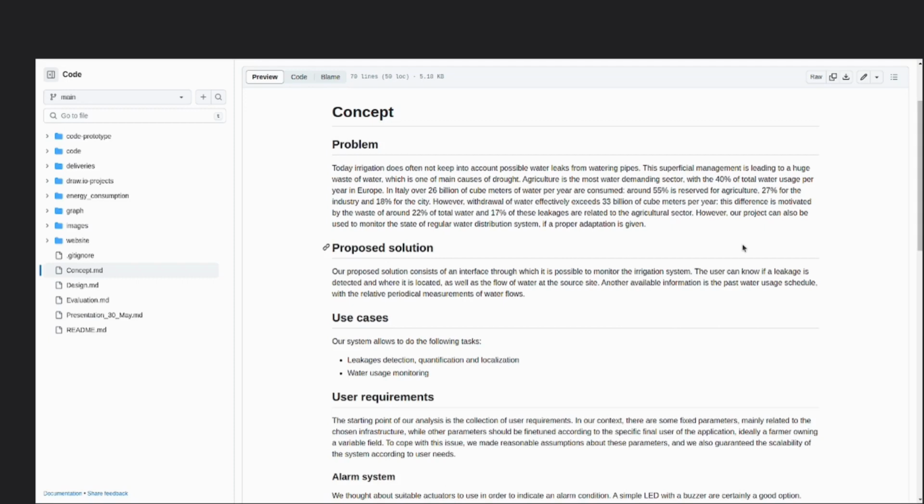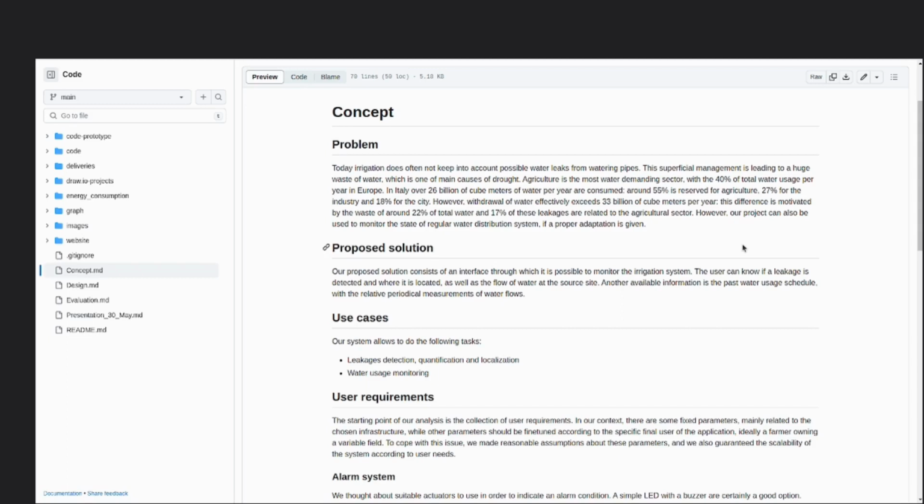Focusing on Italy, if we consider the difference between consumed water per year, that is over 26 billion cubic meters, and the effective withdrawal of water per year that exceeds 33 billion cubic meters, we notice that there is a huge waste of water. A fraction of this waste is related to agriculture.